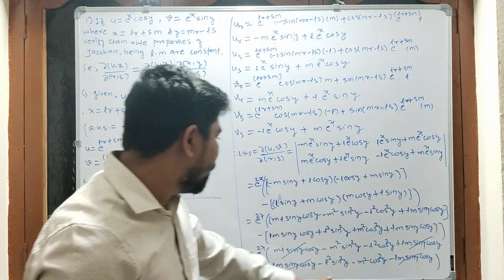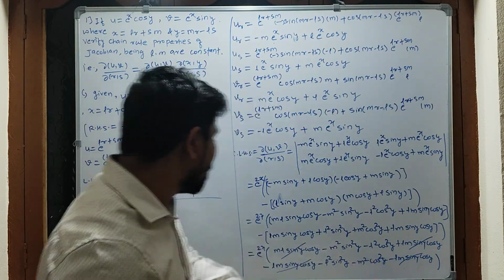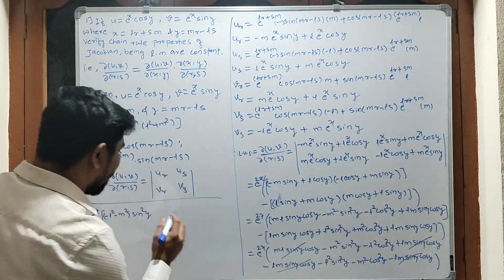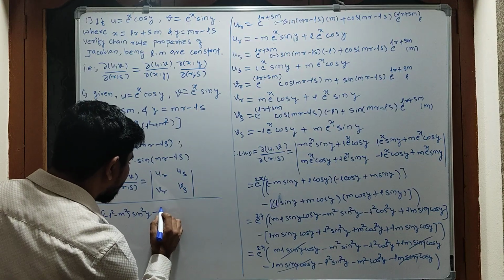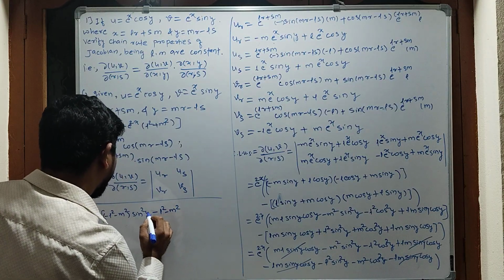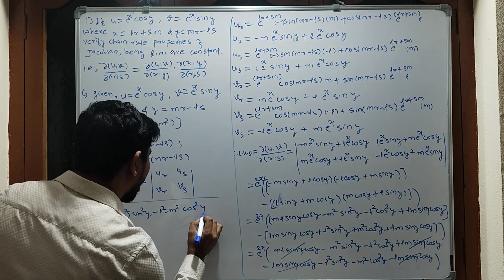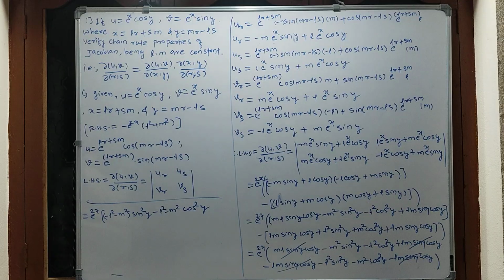Now this is minus L square and this is minus m square, so in the second step I take minus L square minus m square into cos square y.